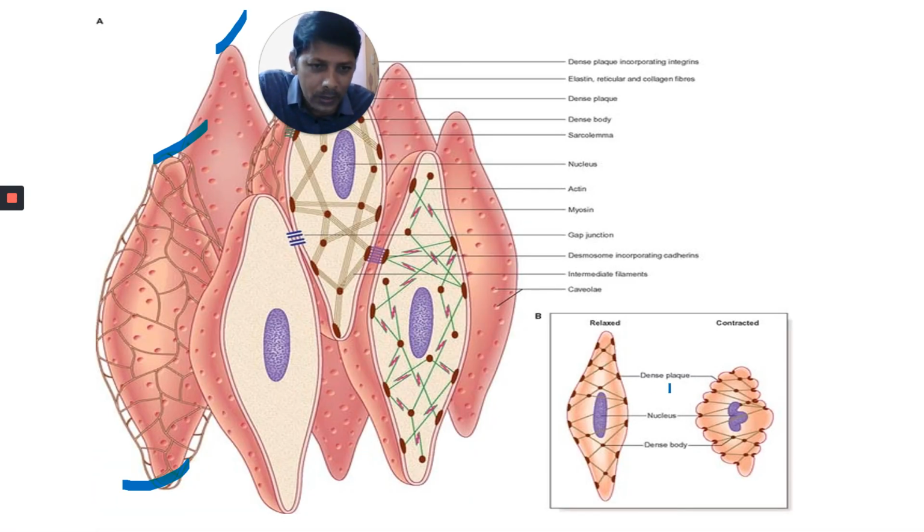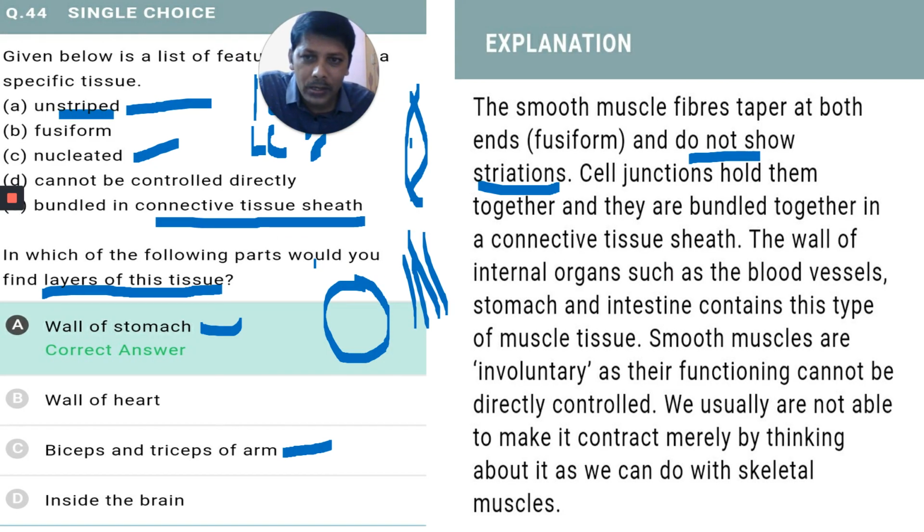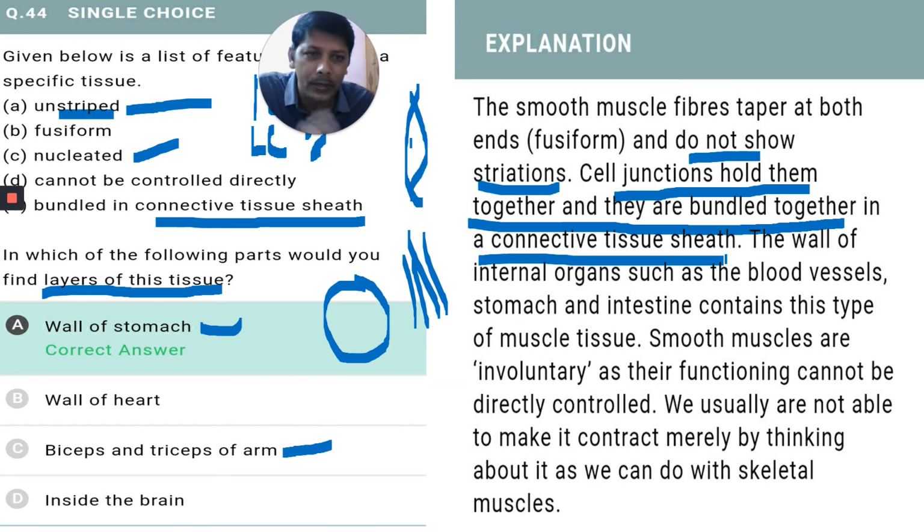You can see here there are desmosomes. Desmosome is one type of junction. Here you can also see gap junctions. Cell junctions hold them together, and they are bundled together in a connective tissue sheath.